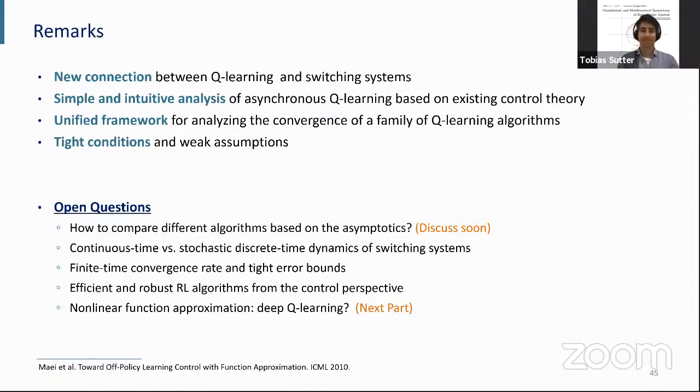I just suddenly have an idea regarding the results. Here, you use some results regarding the stability of continuous time linear switch systems to reason about the convergence of the training process. I'm not sure, but I believe there are some similar results also for discrete time switched linear systems.